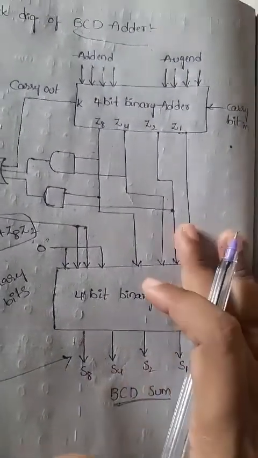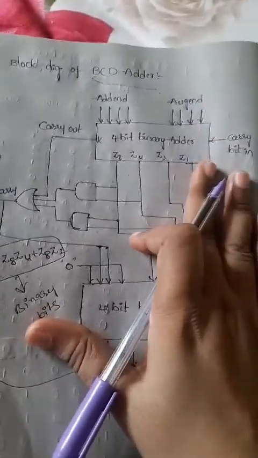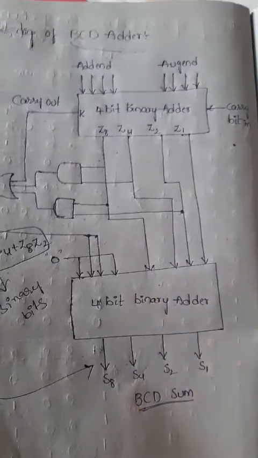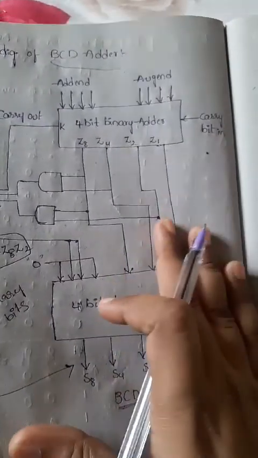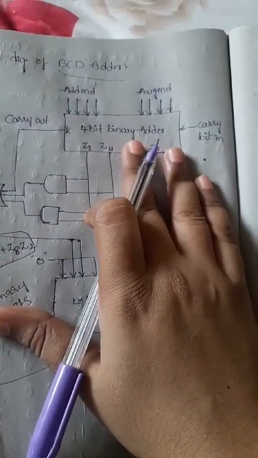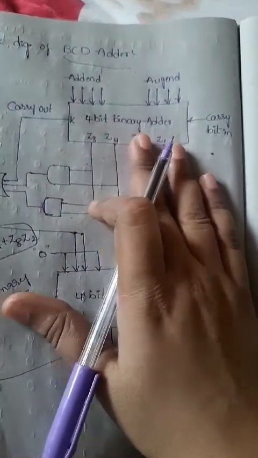First, what is the purpose of these fast adders? The purpose of the fast adders is that they take the binary sum as input in order to perform the sum into the BCD.